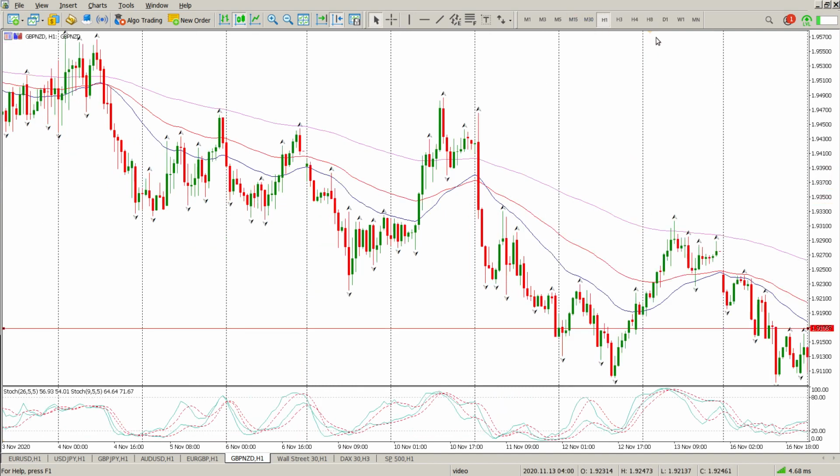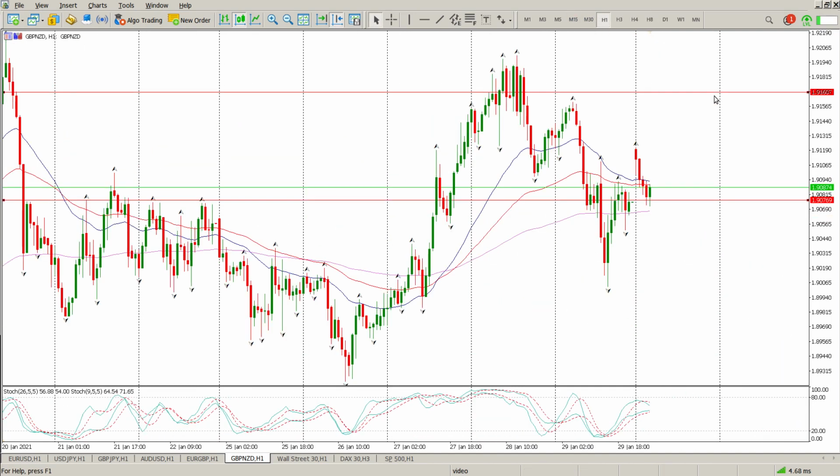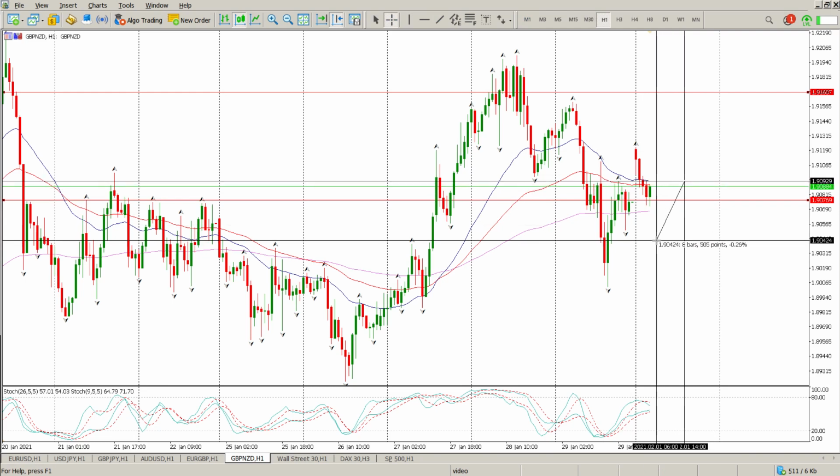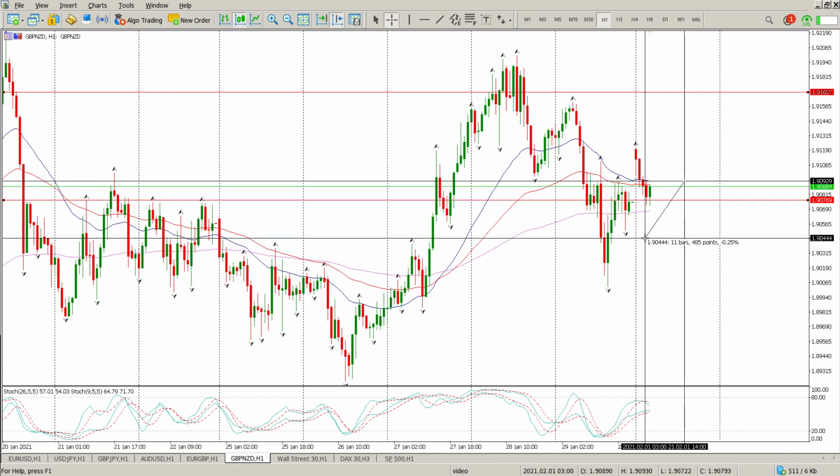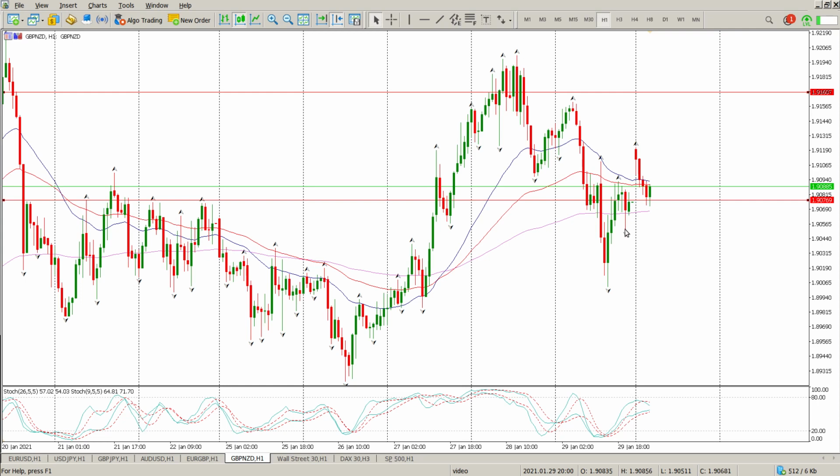So we come back to the hour, and the gap is almost closed at the moment. So yeah, this is looking like an opportunity to buy into it. To buy in roughly above whatever this bar closes on, and then you've got a 500-point stop loss if you take this swing low here.